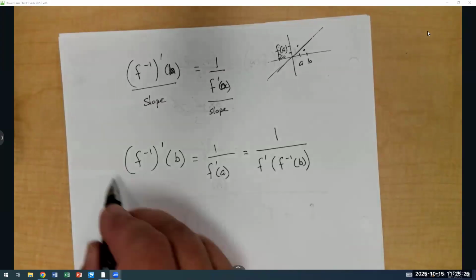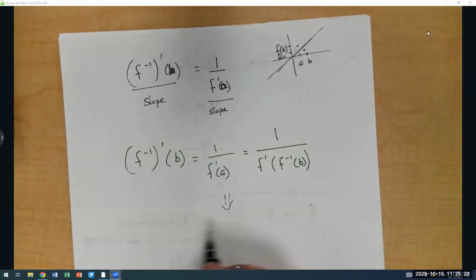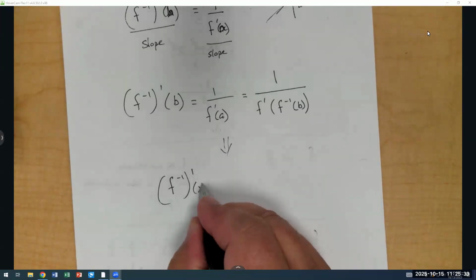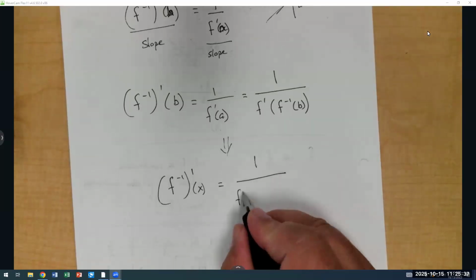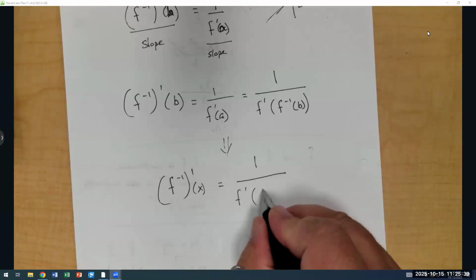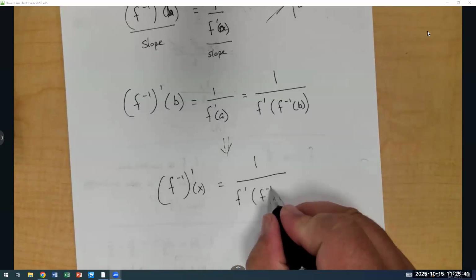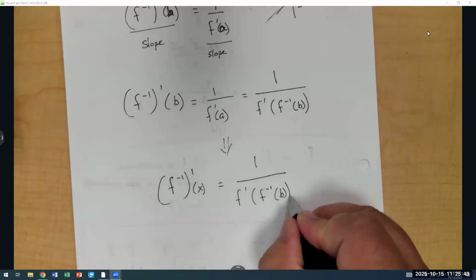So the formula we'll be using from here on out for the derivatives of inverse functions will simply be 1 over the derivative of the original function, evaluated at the inverse function.